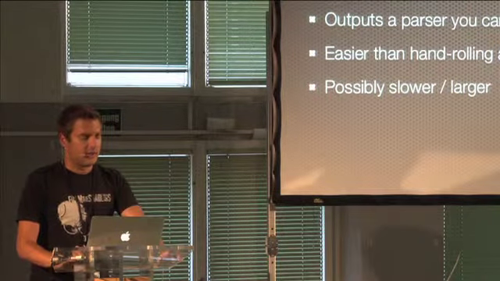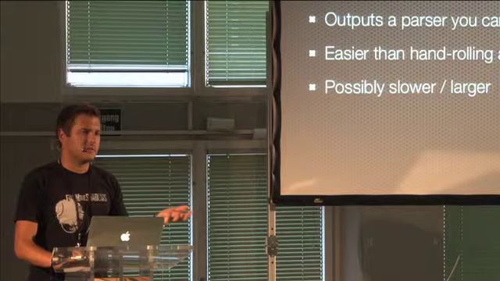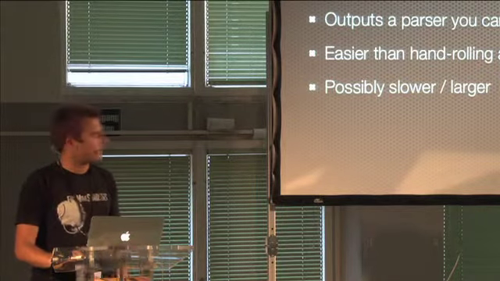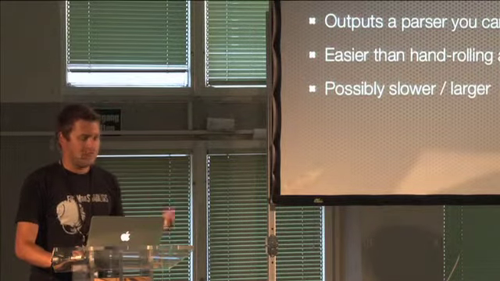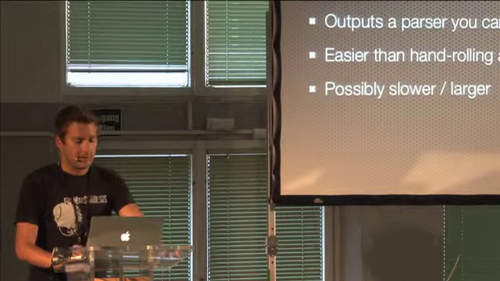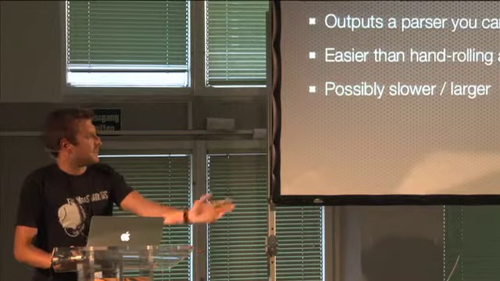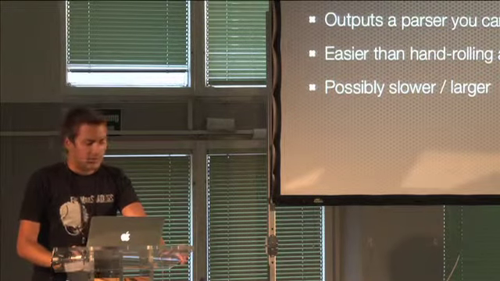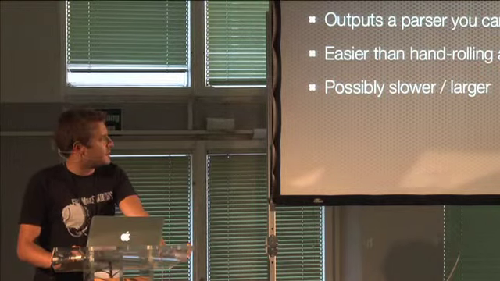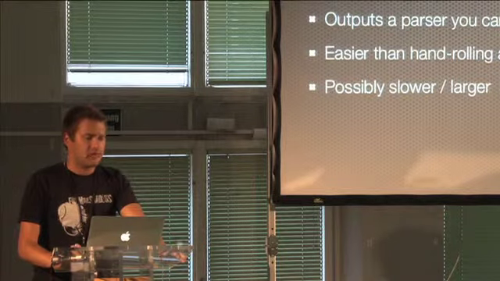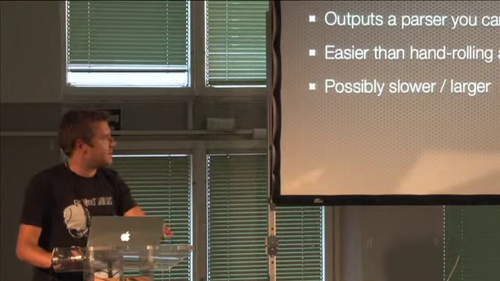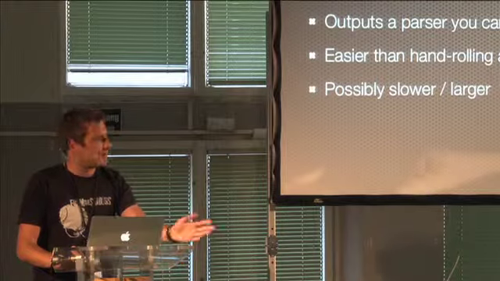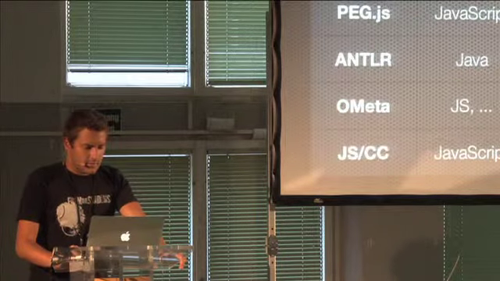And you input this language into the Parser Generator, and it outputs a parser either in JavaScript or one of many languages. It's typically easier than hand rolling your own parser. Sometimes it's slower, so that's one trade-off, or larger. A lot of times the code that it generates is very large, which can be a problem if you're trying to execute client-side.